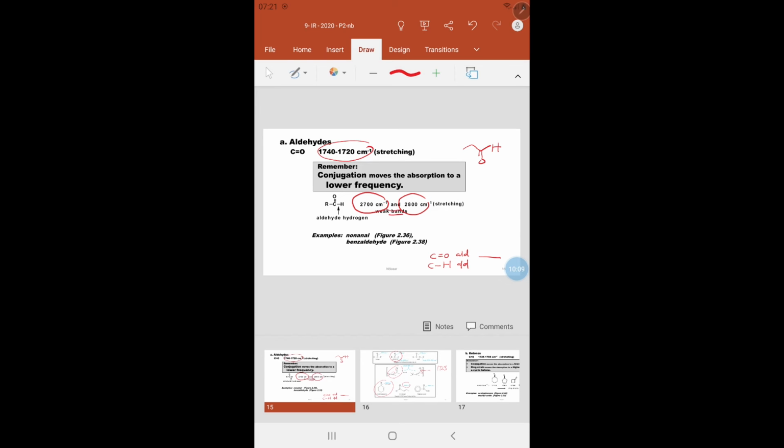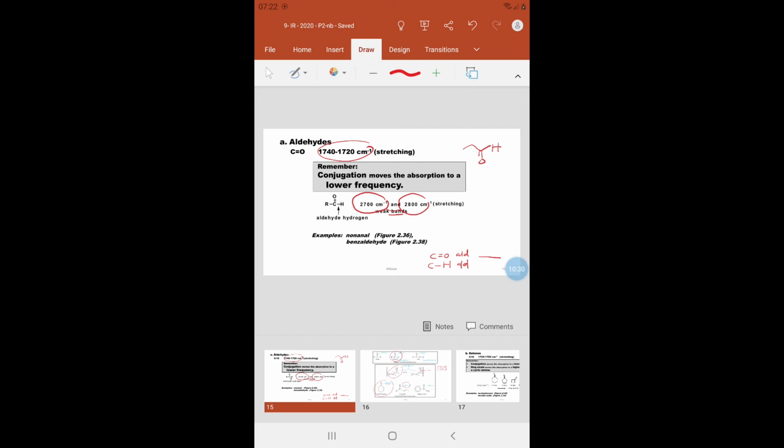Remember the word N. From the last slide, when you have C double bond C aromatic, the frequency is 1,600 and 1,400 something. So this is the second item that you need to put the word N.